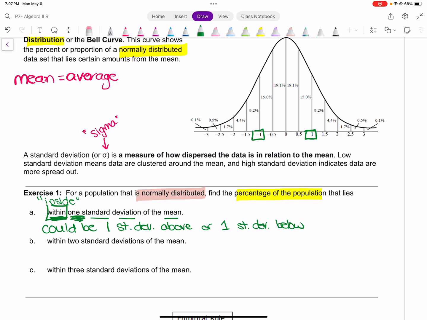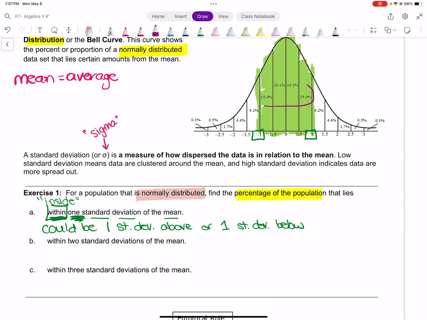All I know is I am 1 standard deviation away from the mean. So here's my bar, my line for the negative 1. Here's my bar, my line for the positive 1. And we want to know how many are within the 1, meaning inside of the 1 standard deviation.